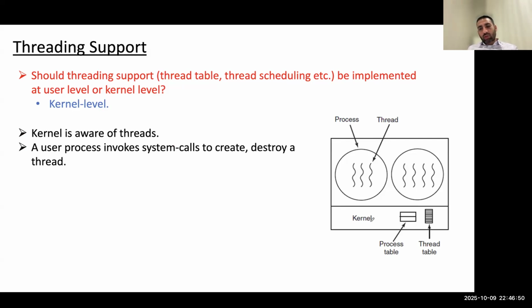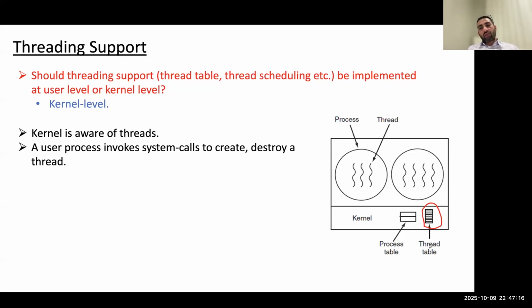Since the kernel is responsible for implementing and managing the threads, it maintains a thread table. Remember, last time the runtime library was maintaining a thread table, but now the kernel is maintaining it. In addition to that, it still has the same process table which we have seen in previous lectures. In the process table, you have one entry for each process control block.